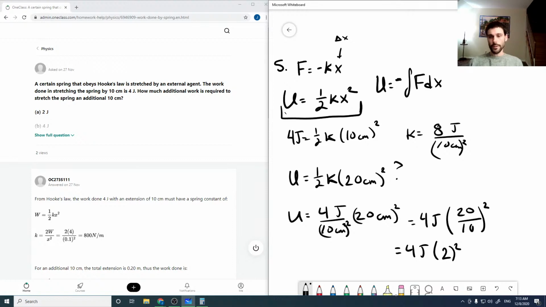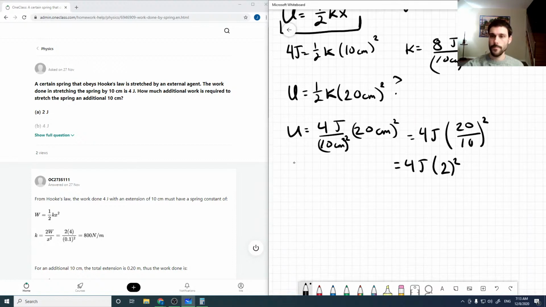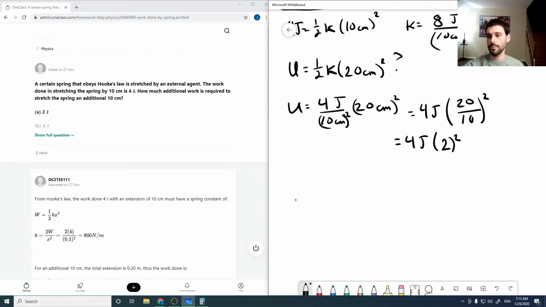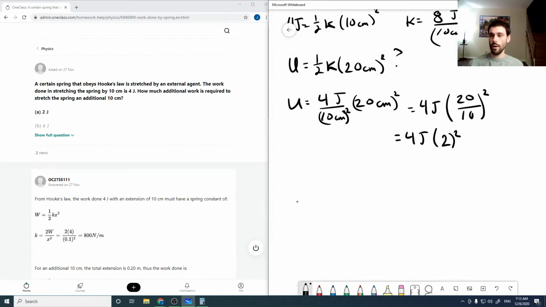And so if we double our distance, then we multiply the energy by 4. That's really the takeaway here: we square whatever the factor is that we're adding. And so it would be 16 joules. But the question asks how much additional work.